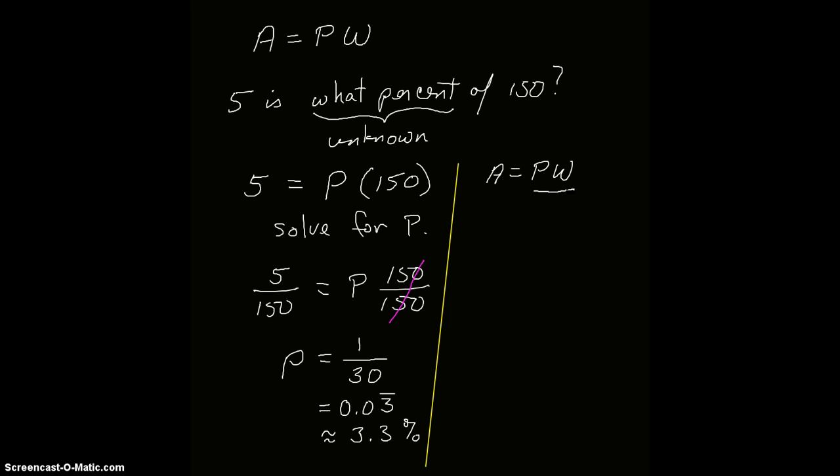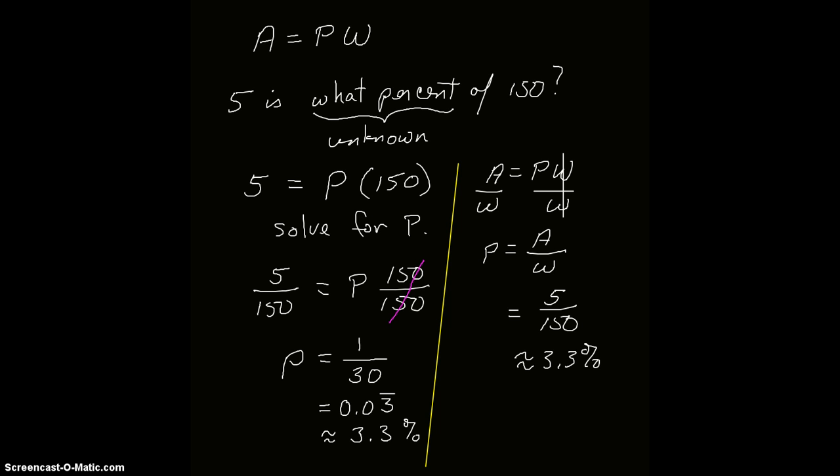I'll solve it for P, so I'm going to divide both sides by W. You can see this W goes away, and I'm left with P is equal to A over W. As long as I know what these things are, remember A was the part and W was the whole amount, so my percent would be A, which the part was 5, over the whole amount, 150. So again, we get the same answer, which is a good thing. It's always nice to work it two different ways in mathematics and get the same answer, and it tells me I've done it correctly.